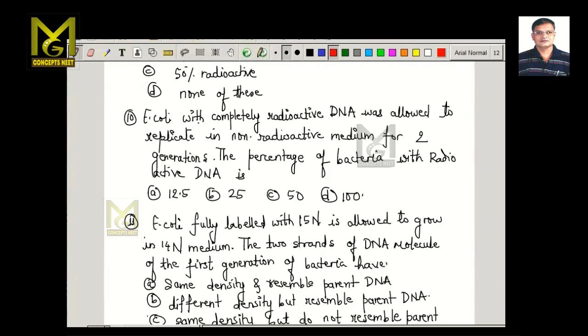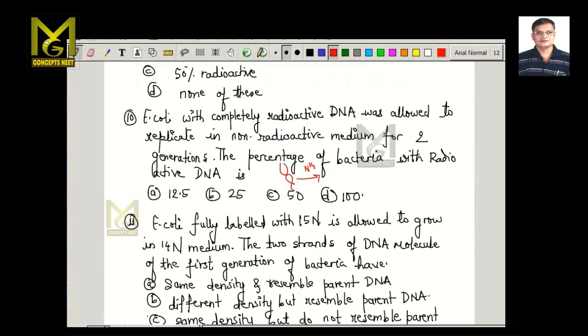Escherichia coli with completely radioactive DNA was allowed to replicate in a non-radioactive medium for 2 generations. The percentage of bacteria with radioactive DNA is, so if we have this radioactivated DNA N15, now this is placed in N14.